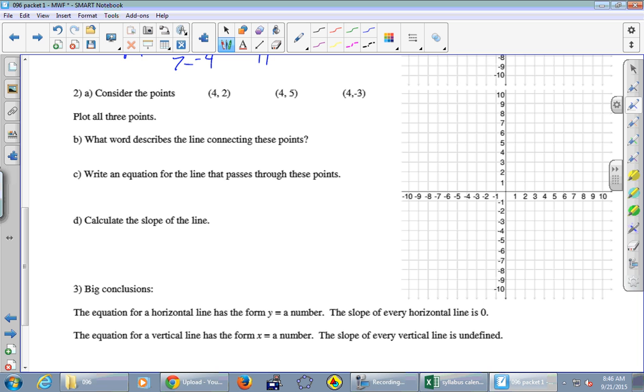We've got 3 new points. We're going to play the same game as before, so go ahead and plot those 3 points. And if you imagine the line connecting those 3 points, what word describes it? Vertical.